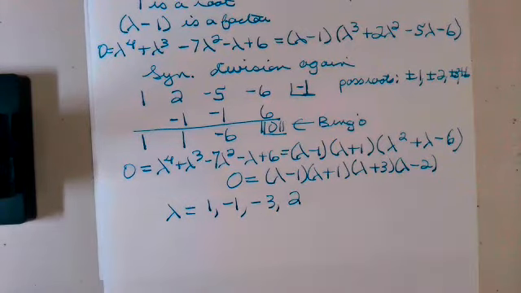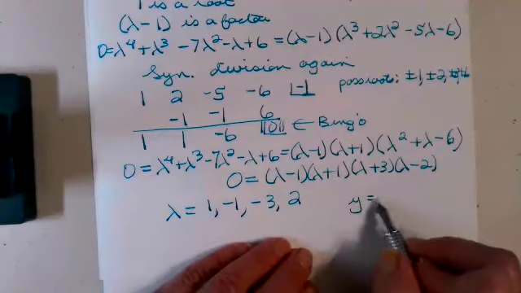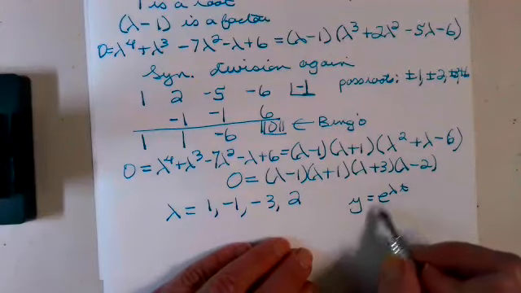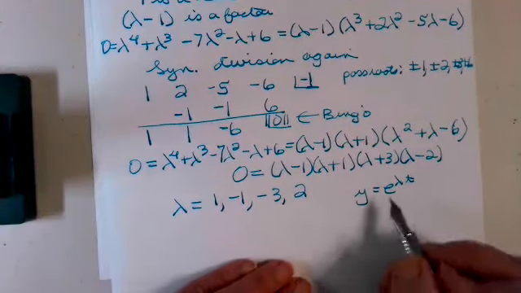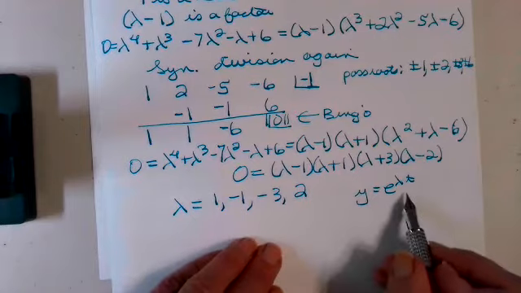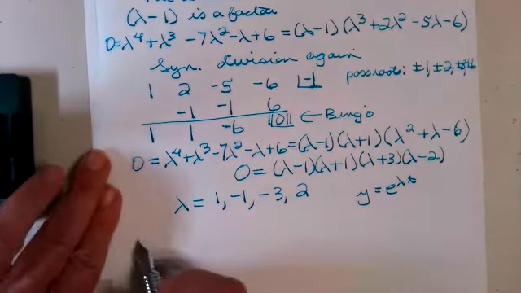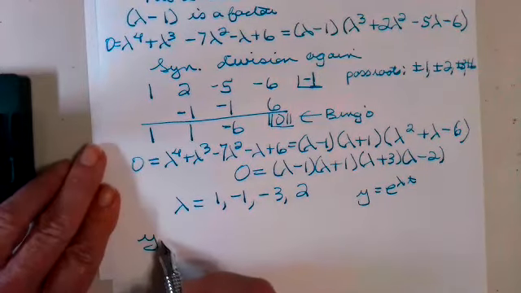Okay, so those lambdas came from the solutions y is equal to e to the lambda t. Every time you get a different lambda, you get a different solution of the homogeneous equation, sorry.